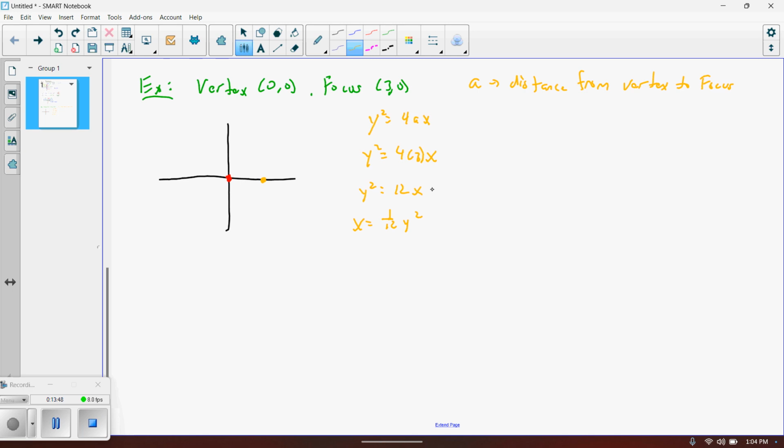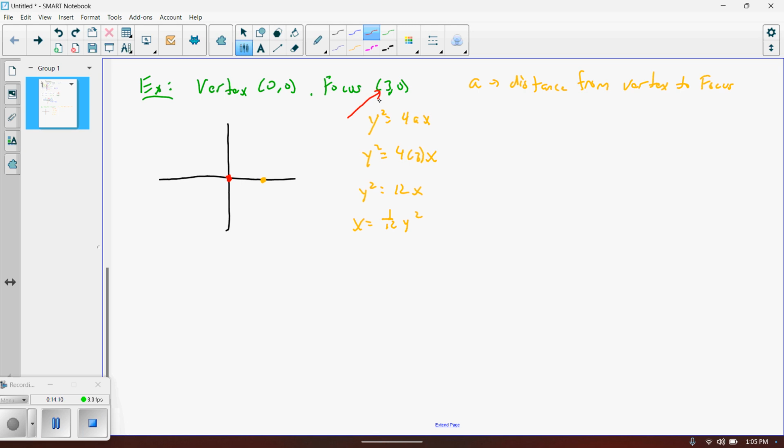So now let's see, how are we going to sketch the graph? Well, in order to sketch the graph, what you really need is 2 more points, one on either side of the focus. So that's why we use the idea of the latus rectum. The latus rectum occurs when, in this case, x is 3, because it's going to be at the same location as your focus.